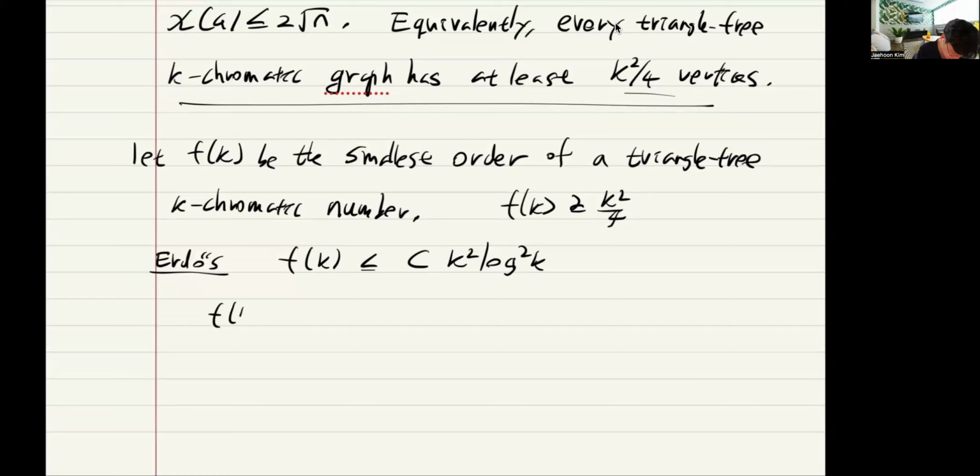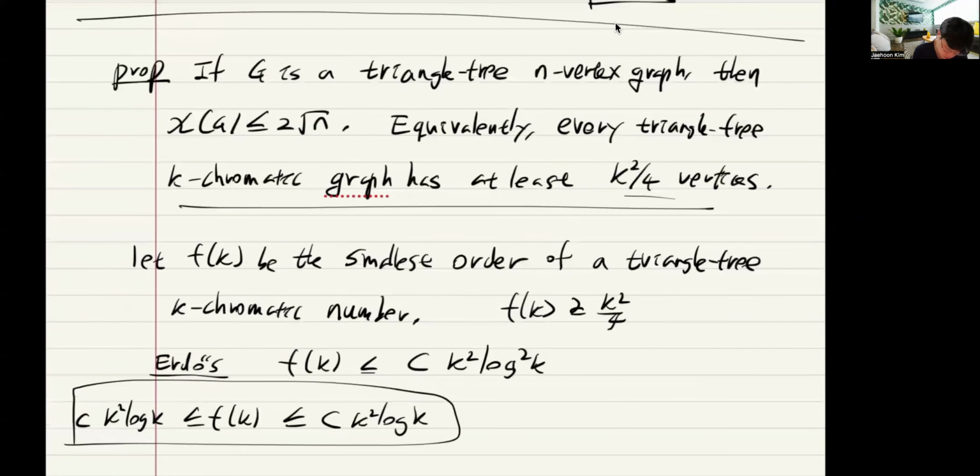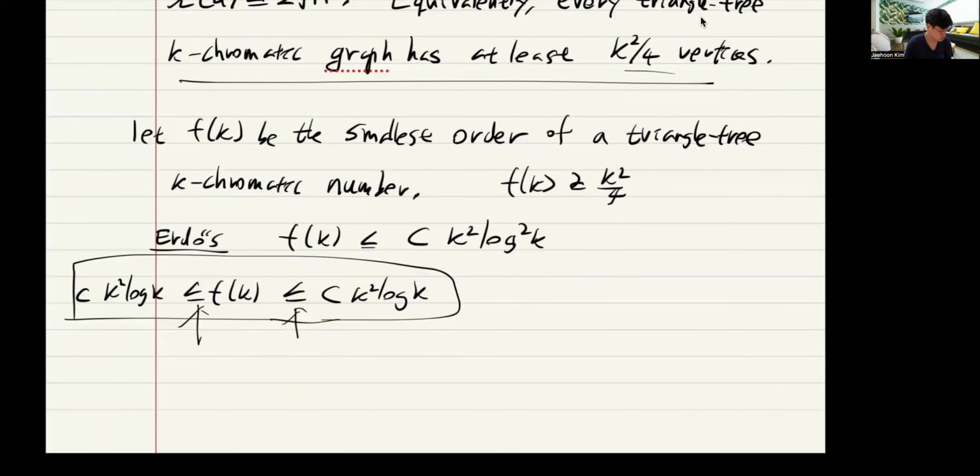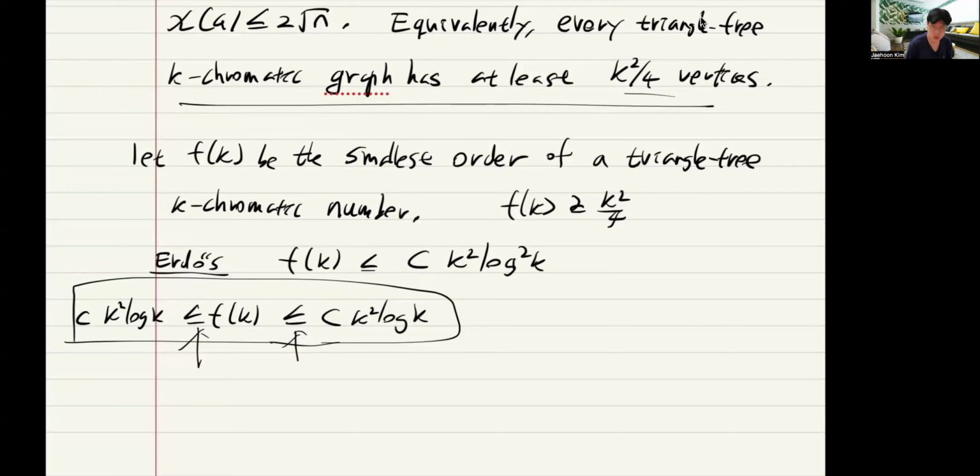So f of k is some constant times k squared log k, and another constant times k squared log k. Ajtai, Komlós and Szemerédi proved the lower bound here, and then Jung and Kim proved the upper bound in 1995. So the correct order of magnitude was proved here.